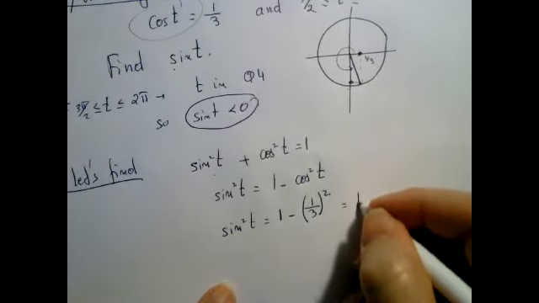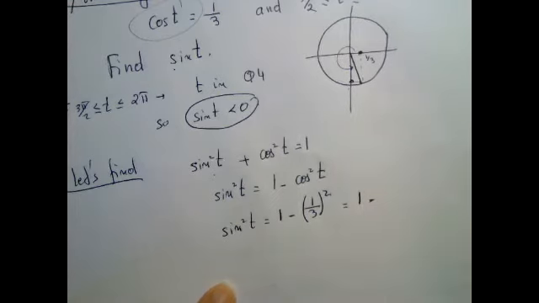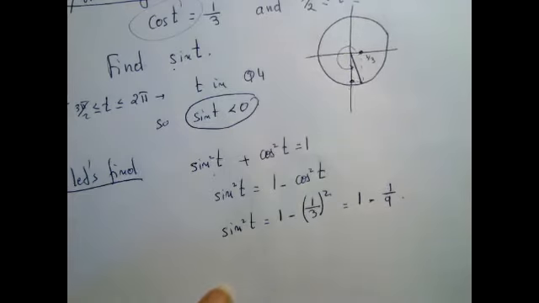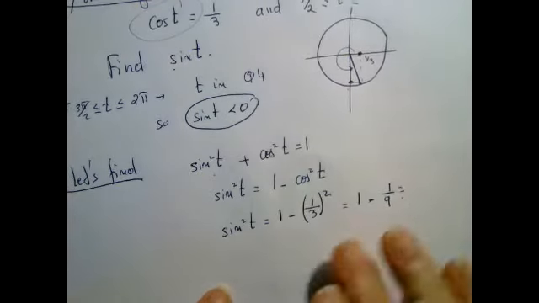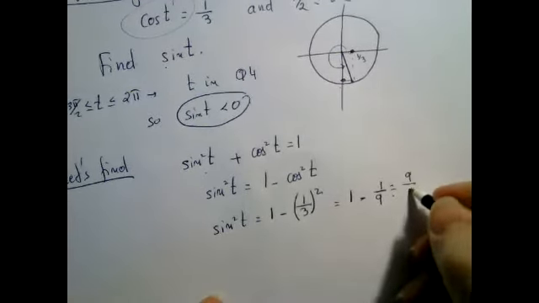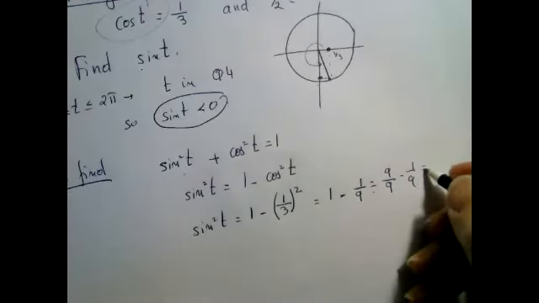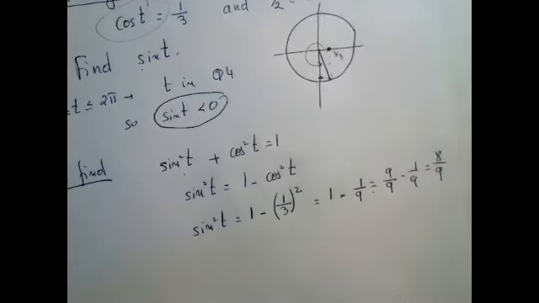This is equal to 1 minus 1 over 3 times 1 over 3. You multiply the denominators, 1 over 9. Now common denominator: 9 over 9 minus 1 over 9, which is 8 over 9.